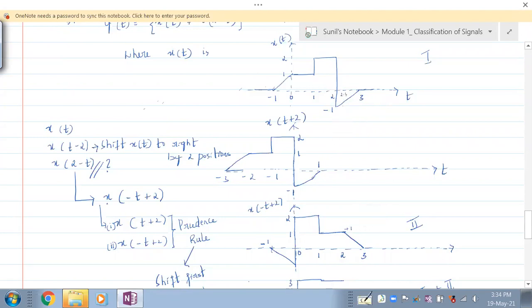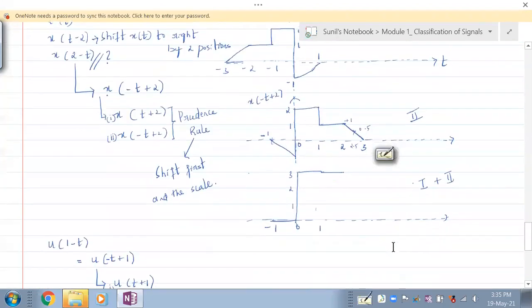Anybody, can you comment on that? -0.5 you will have. And at 2.5 you will have +0.5 here. So -1 plus 1 would be 0, -0.5 plus 0.5 will be 0, and at 3 you have zeros anywhere. So that means this becomes 0 from 2 to 3.